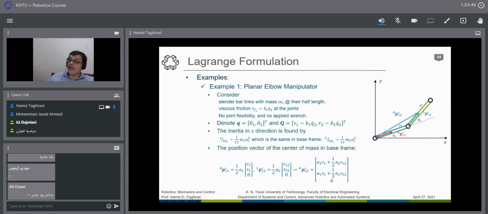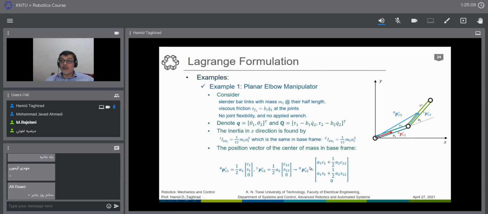So we have this vector. Now we add this vector to it. I didn't derive this, but to find this vector, we have this plus this, and this one is A1 C1 and A1 S1. As simple as that. We have PC1, 0, and PC2, 0. And that's all we need.